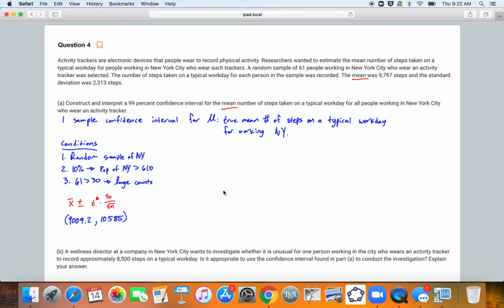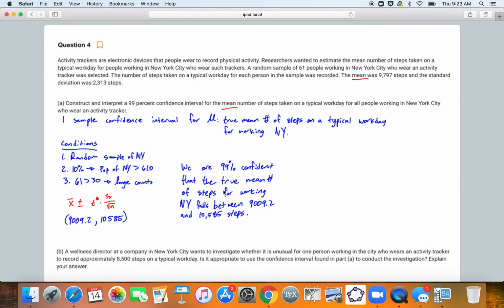So our conclusion is that we are 99% confident that the true mean number of steps for working New Yorkers falls between 9,009.2 and 10,585 steps. Great. And so let's move on to part B.